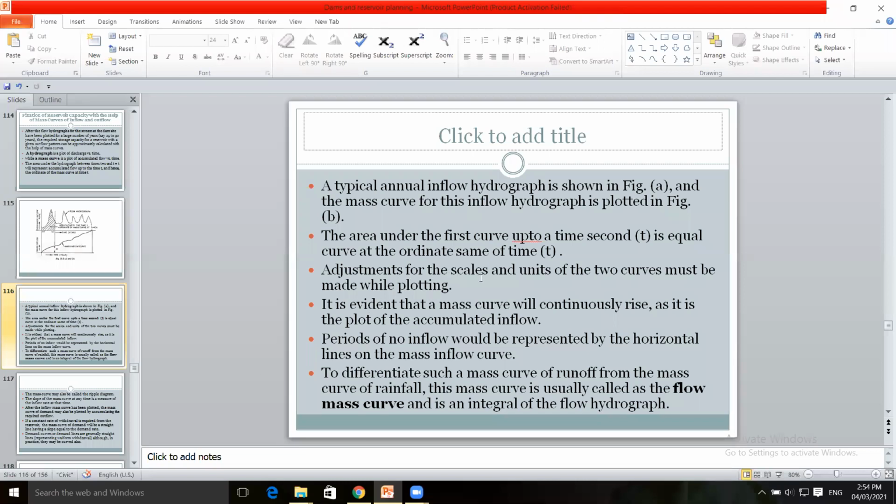Adjustment for the scales and units of the two curves must be made while plotting. The scale or units may be taken in hectare meter, or in meter, kilometer, etc., or discharge is measured in meter cube per second.